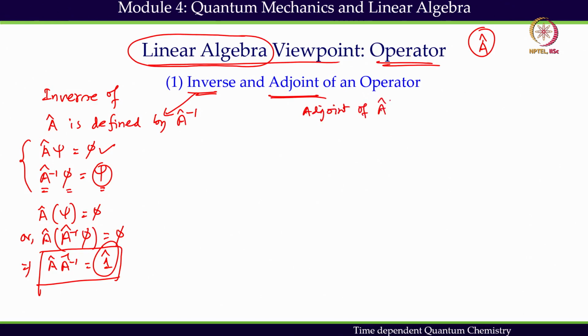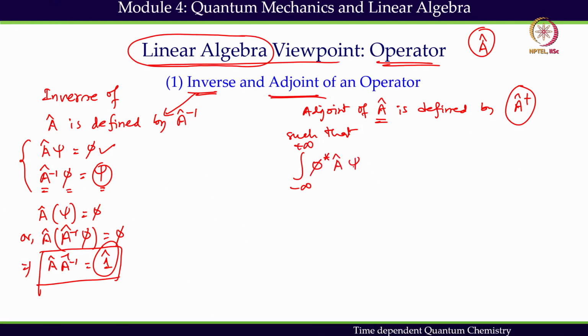Adjoint of A is defined by A dagger such that A dagger will be considered to be the adjoint of A when this holds: the integral from minus infinity to plus infinity of phi star A psi dx equals the integral from minus infinity to plus infinity of (A dagger phi) whole star psi dx.